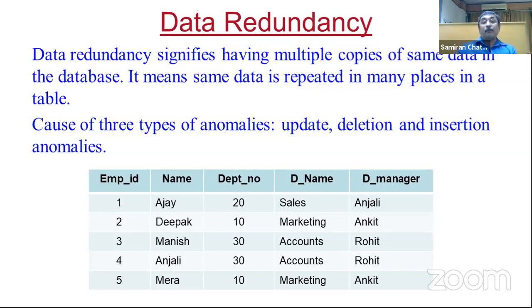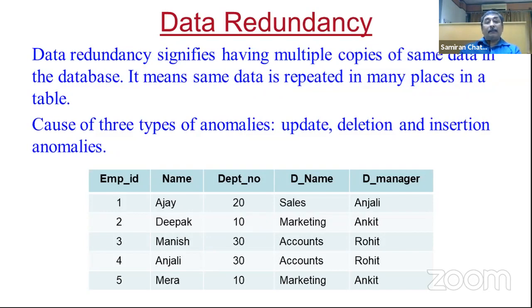For example, Deepak works in department number 10. And what is department number 10? Marketing. And what is the manager? Ankit. If I have one more row with department number 10, maybe Mira also works in department number 10, then the same department name and the same department manager have to be stored there.